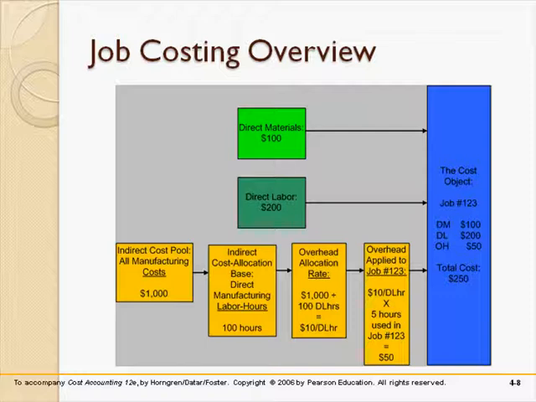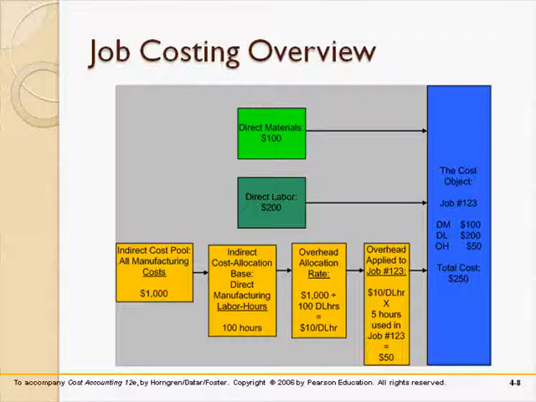Then, when we get to the indirect cost, that's where it gets a little bit more sophisticated. We first assemble the indirect cost pool. We grab all the manufacturing costs. We figure out what the base is, in this case direct manufacturing labor hours, and we come up with an overhead allocation rate. We take the cost divided by the base, and then we apply it times the job.